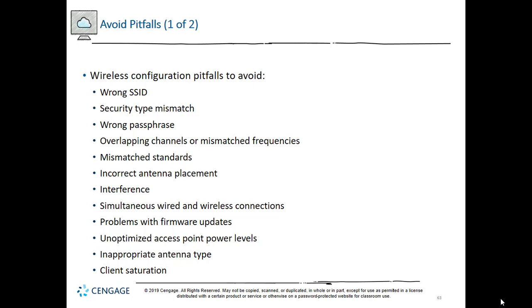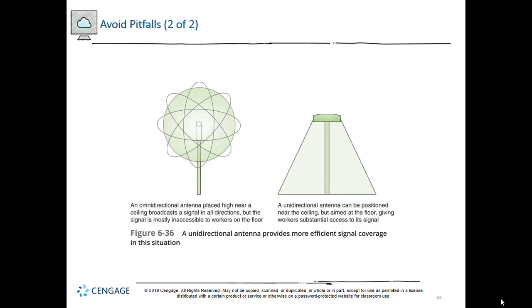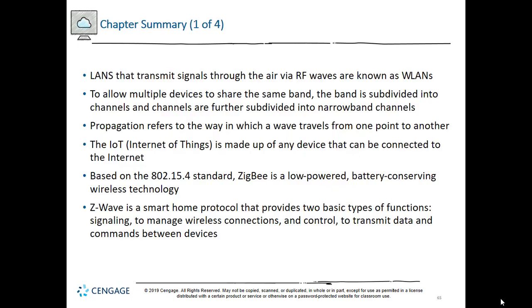Also, look to upgrade firmware. Okay. Look for antenna issues as well. I've seen antennas that are set up where they focus in a specific area as opposed to being able to expand out and hook everybody up with a signal.